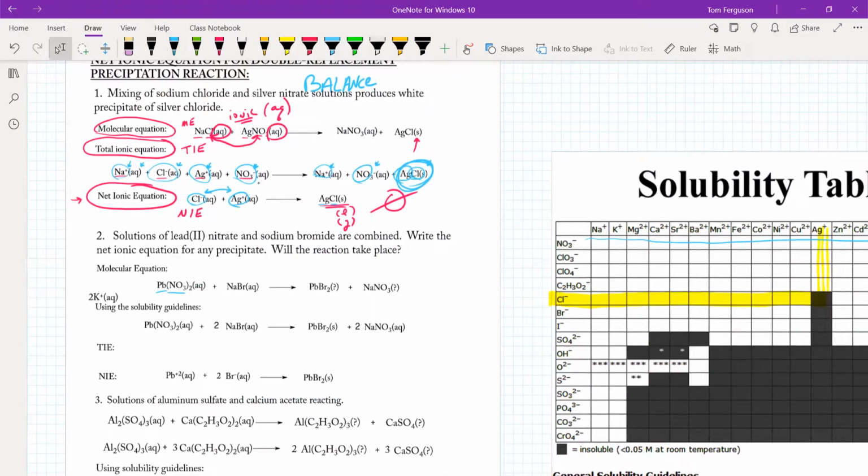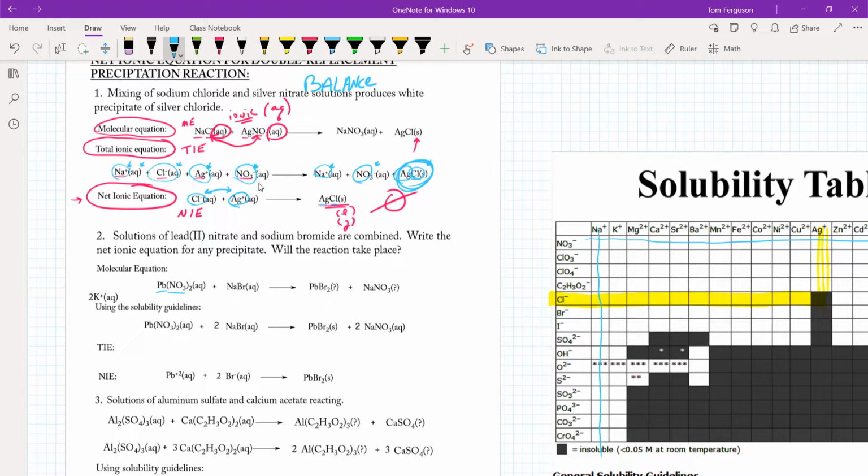Same with sodium. So sodium anything, potassium anything, nitrate anything, those are always soluble. They are always aqueous.